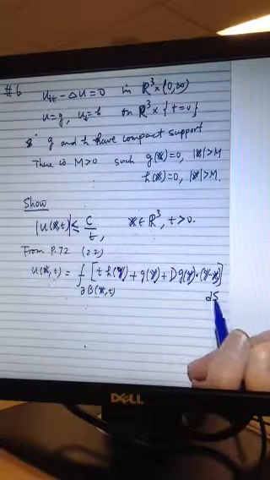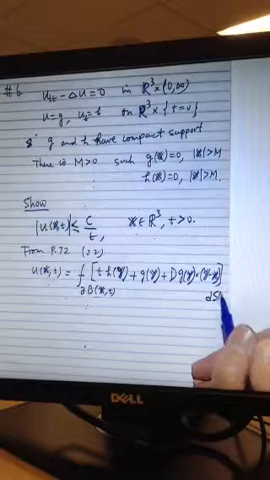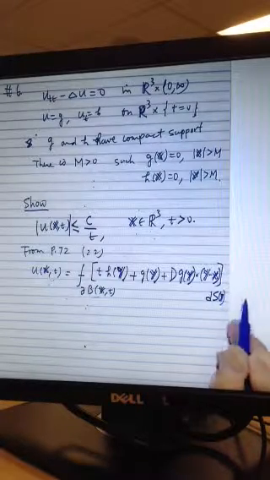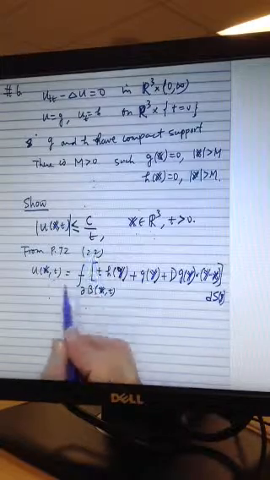So it's the surface integral dS(y). This is from formula 22.